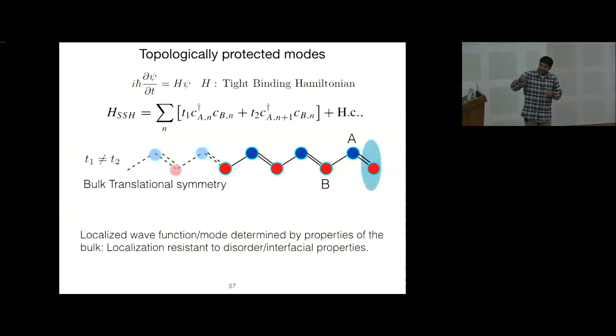And the specific lattices we are interested in have so-called modes that are topologically protected. You might have heard about these modes in other contexts. If you set up a lattice which has two kinds of sites with a particular symmetry, the ground state solutions of this Hamiltonian give you wave functions that are localized, and these wave functions are extremely robust to any kind of perturbations.